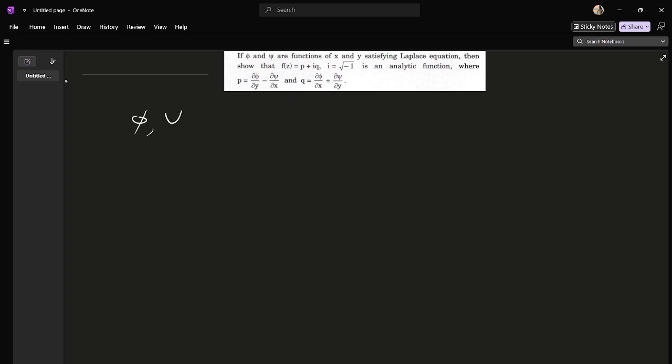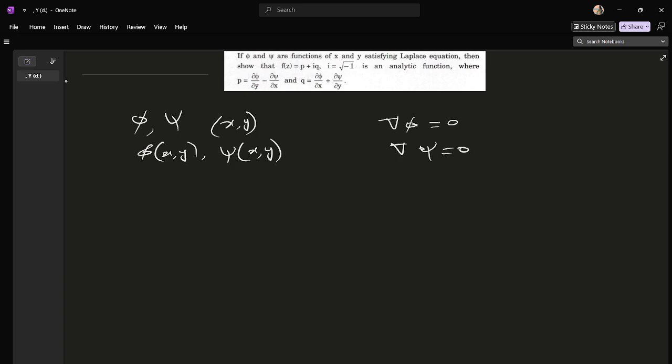The question says, if phi and psi are two functions of x and y, that is phi of x, y and psi of x, y, satisfying our Laplace equation. So what is our Laplace equation? We know that del of phi equals 0 and del of psi equals 0.